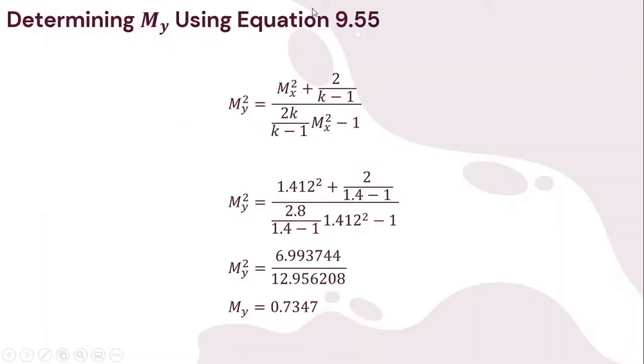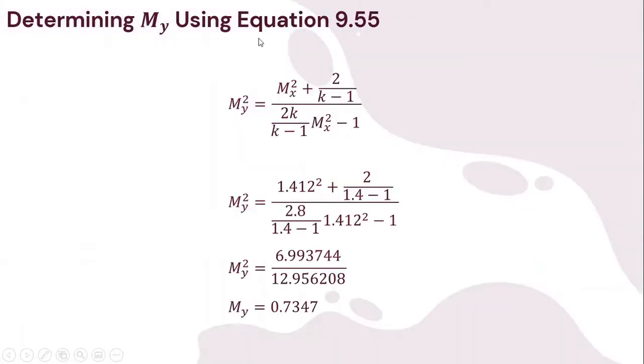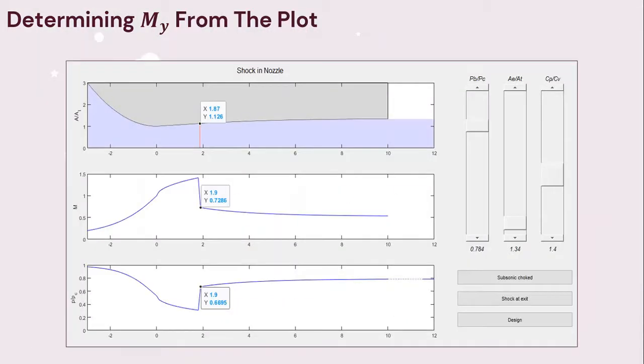While using equation 9.55, we get that the value of My is 0.7347, and using interpolation by table 9.3, we get that the value of My is 0.7351. If we compare, the interpolation method and equation 9.55 are actually close, but those two are a bit different from the one that we have from MATLAB.